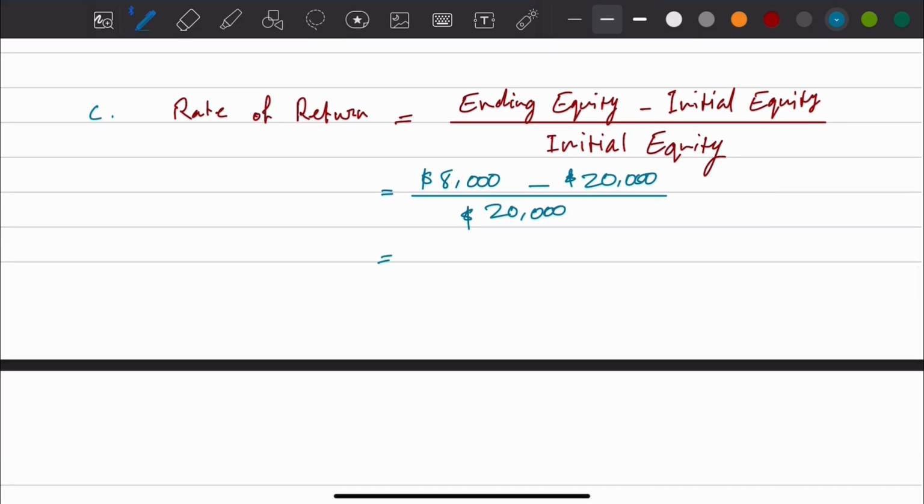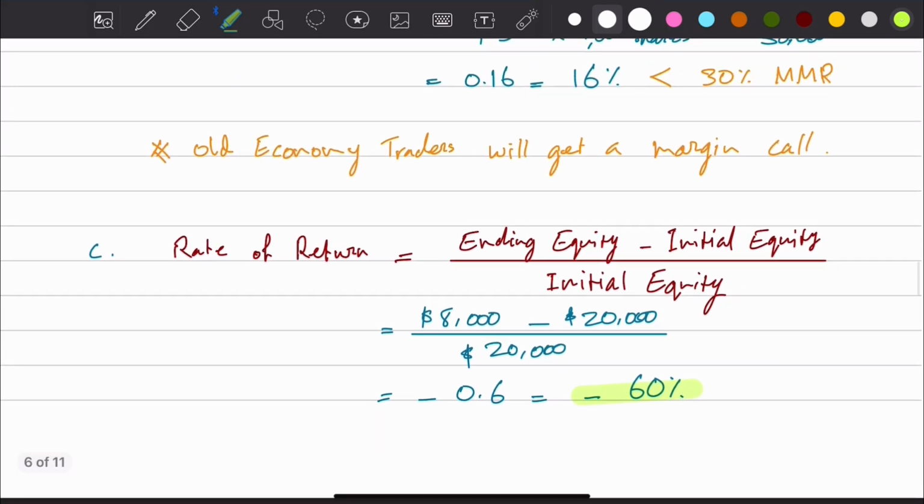Okay. Go to the calculator. 8,000 minus 20,000 divided by 20,000, and that would be negative 0.6, which is a decline of 60%. Okay, so the rate of return on this particular investment was a negative 60%, a loss of 60%.